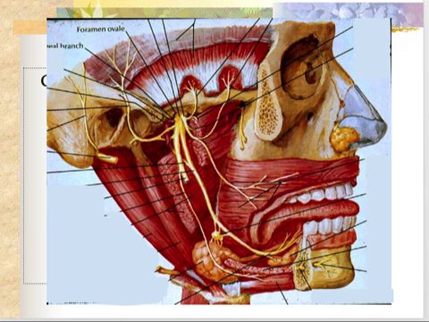The trigeminal nerve starts its journey in 3 parts: a mandibular division that goes to the lower third, a maxillary division that goes to the middle third, and an ophthalmic division that goes to the upper third, providing sensation, pain, temperature, touch and proprioception to the face and the front of the skull. Just as an aside, remember I just told you also the trigeminal nerve has some motor function that supplies the muscles from the first arch, the muscles of mastication.